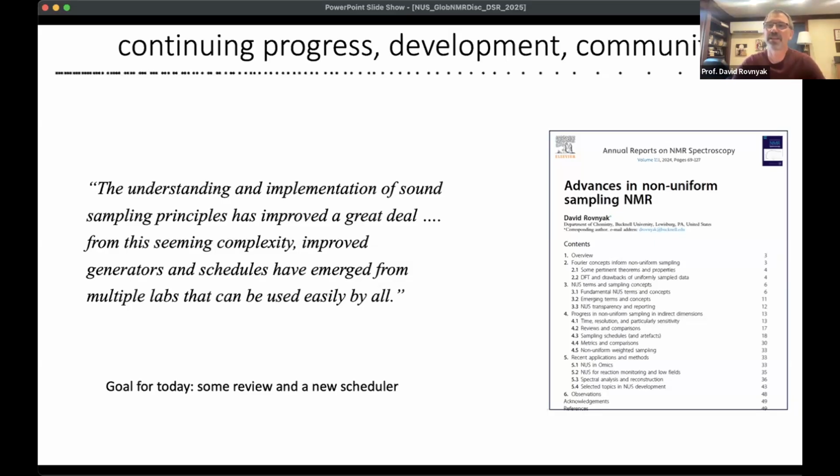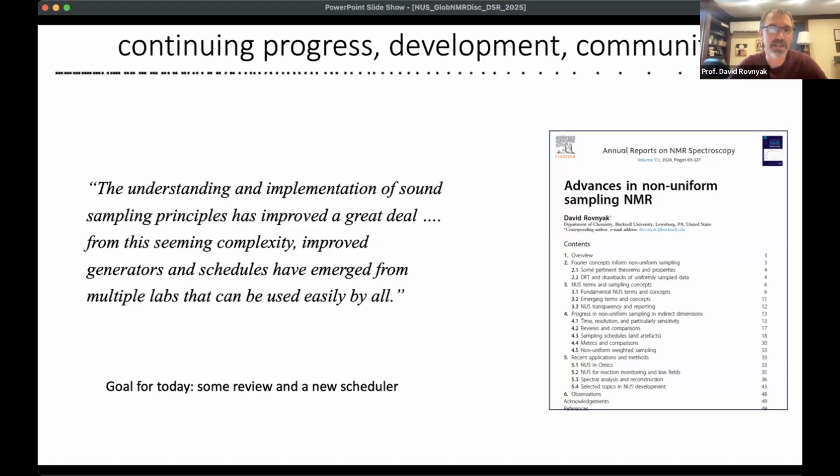That is, I think that many of us who work in NUS are aware that sometimes NUS can appear very complex and have a lot of associated variables and decisions to make. And part of this presentation and part of our work in general is to try to take some of that out of the process and model how people develop successful NUS strategies for NMR spectroscopy.